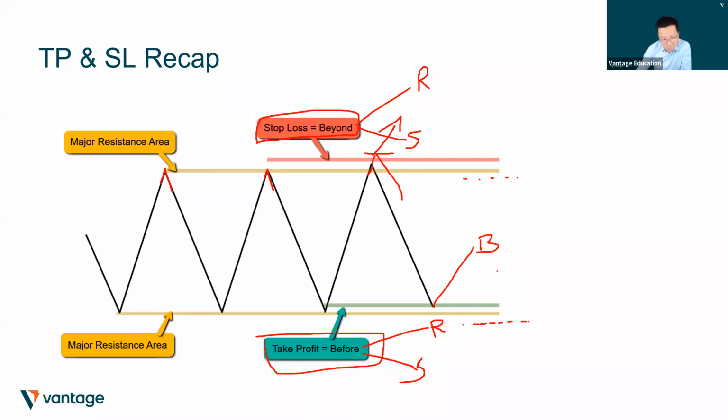So what some retail traders might do is put their stop loss nearer, so instead of beyond the support, they put it right before. And what happens is the trade comes down, hits the stop, and bounces up towards the resistance level. So you always want it below that support level.